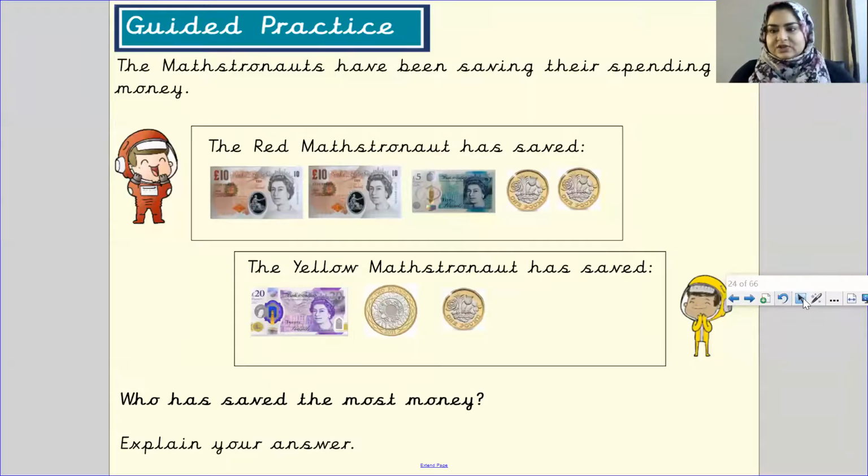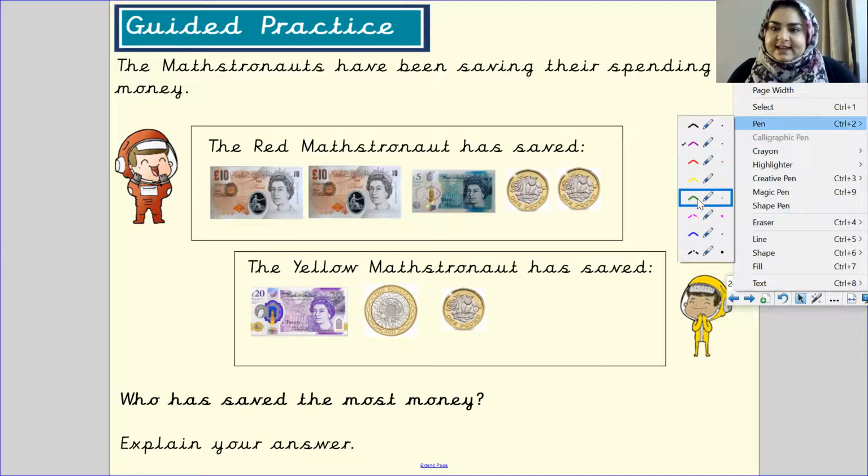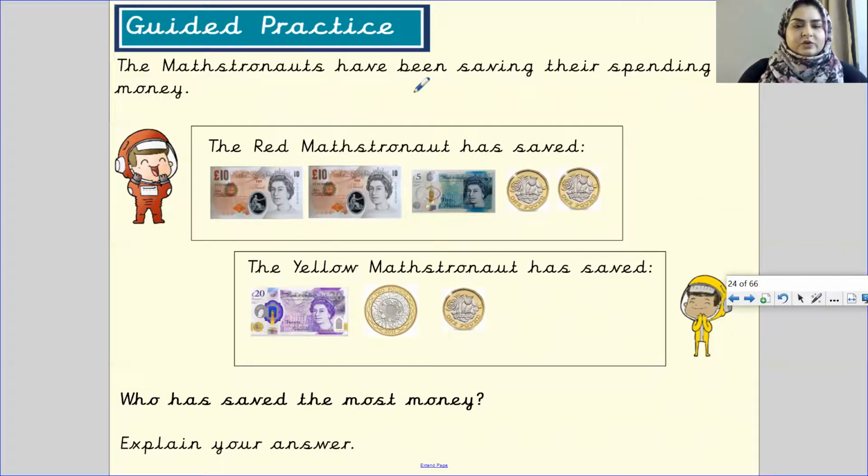Okay, fantastic. So if we work out what the red astronaut has saved, then we'll work out what the yellow one has saved.